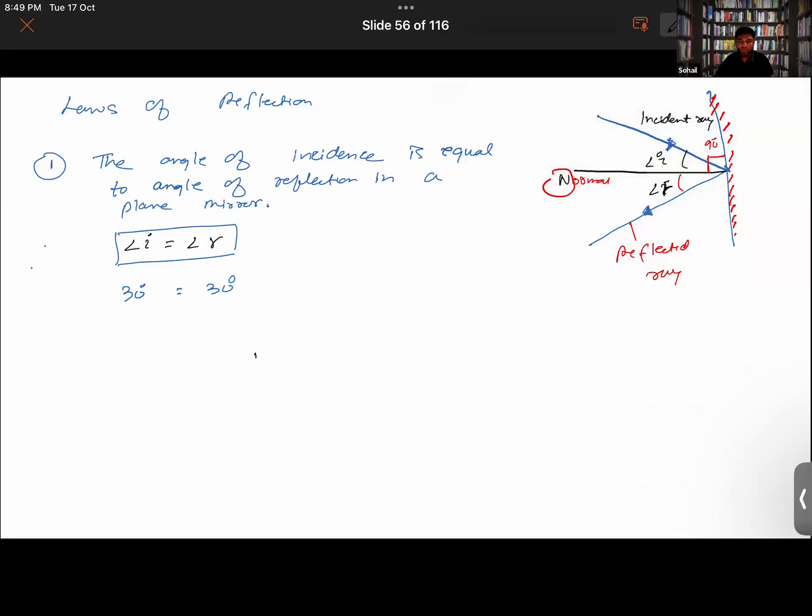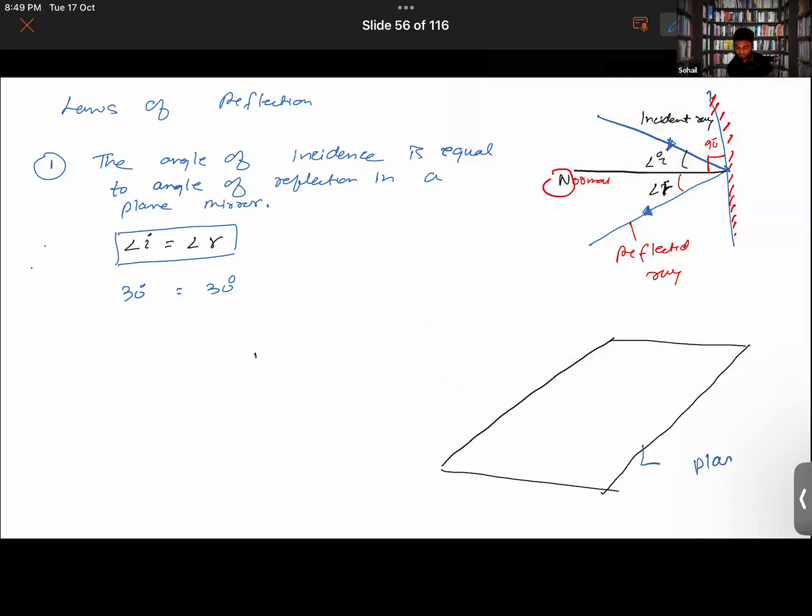And then we come to the second law of reflection. What does the second law of reflection say? It says that the incident ray, the reflected ray and the normal. Suppose we have taken a plane, for example.